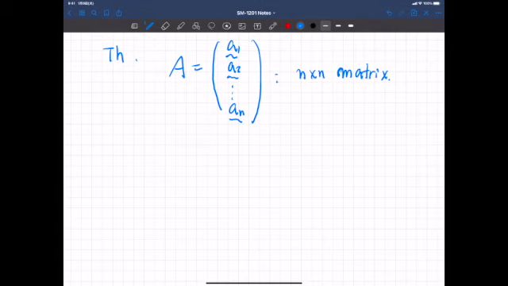Of course, A1, A2, and An are n-dimensional row vectors.